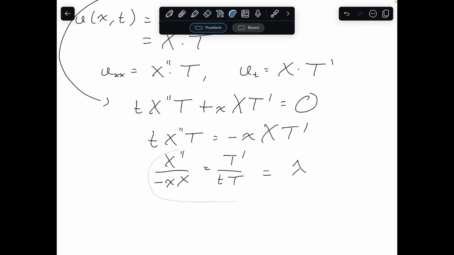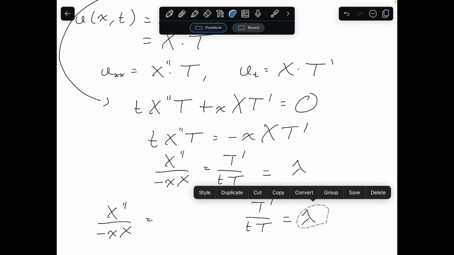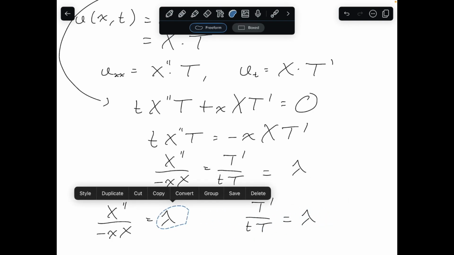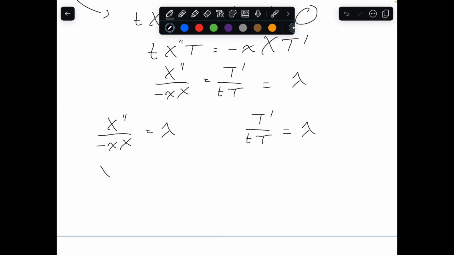So we get two equations. We get that T prime over little t capital T is lambda, and then same over here, X double prime divided by negative little x capital X equals lambda.